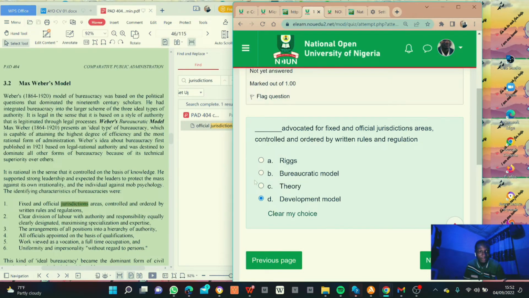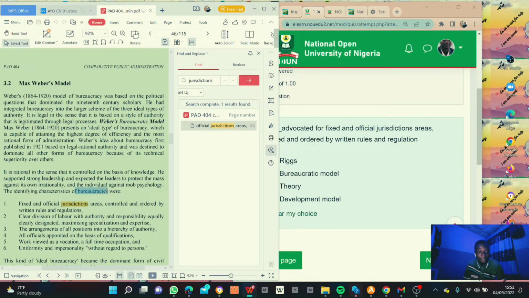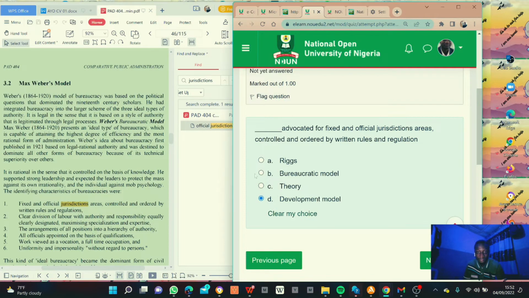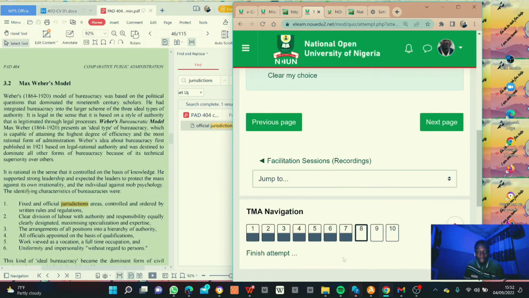So the answer will be bureaucratic. As you can see here, identifying characteristics of bureaucracies. So this is the answer, bureaucratic model. Let's go to the next question.